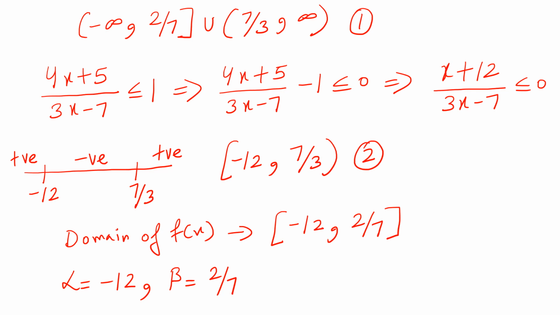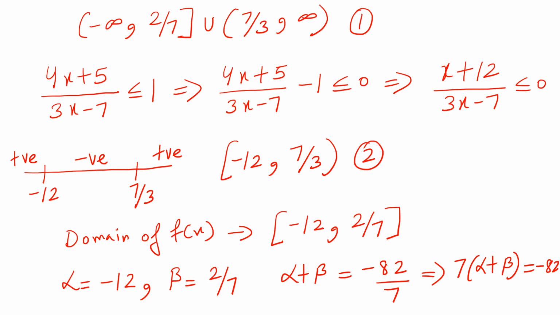So that means alpha plus beta is equal to minus 82 divided by 7. Or I can say that 7 times (alpha plus beta) is equal to minus 82. Now students, we will use this value at the later stage. Now we move further.